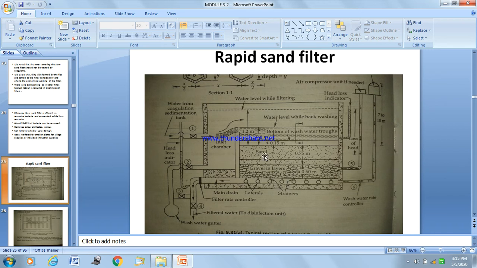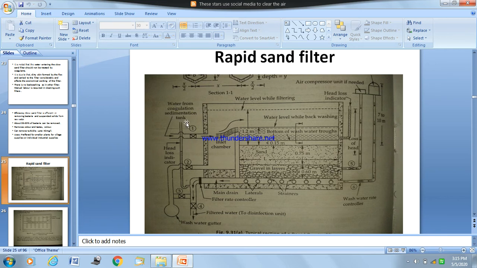Everything is the same, but one more thing you can find here is 6 valves, and above the sand you can see the wash water trough. The main difference between the slow sand and the rapid sand filter is that there is backwashing in this rapid sand filter. There is no need for manual cleaning; it is cleaned directly using these valves.